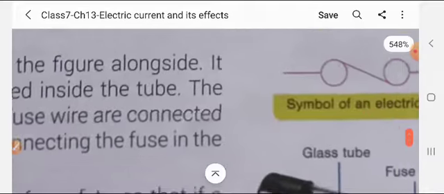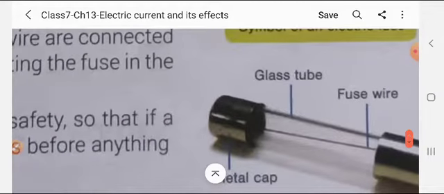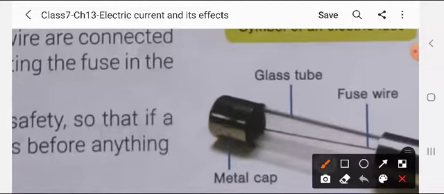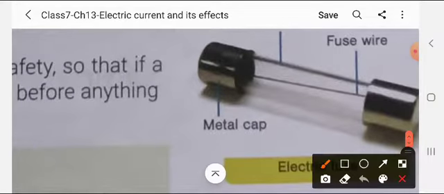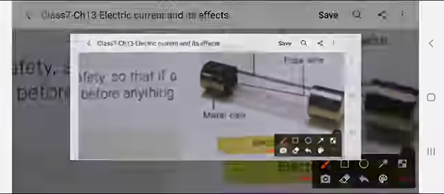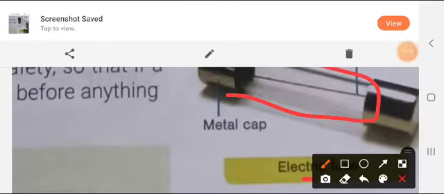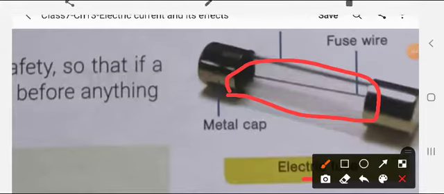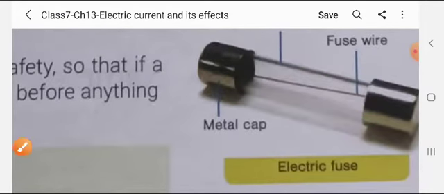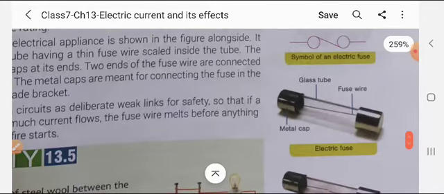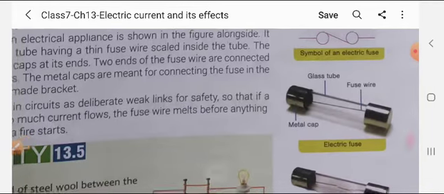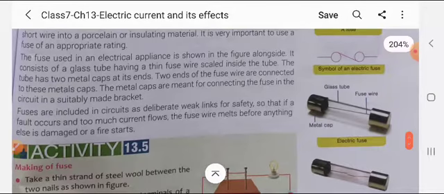You can see here a thin wire is present which acts as a fuse, so that if too much electric current flows, the fuse wire melts before anything is damaged.